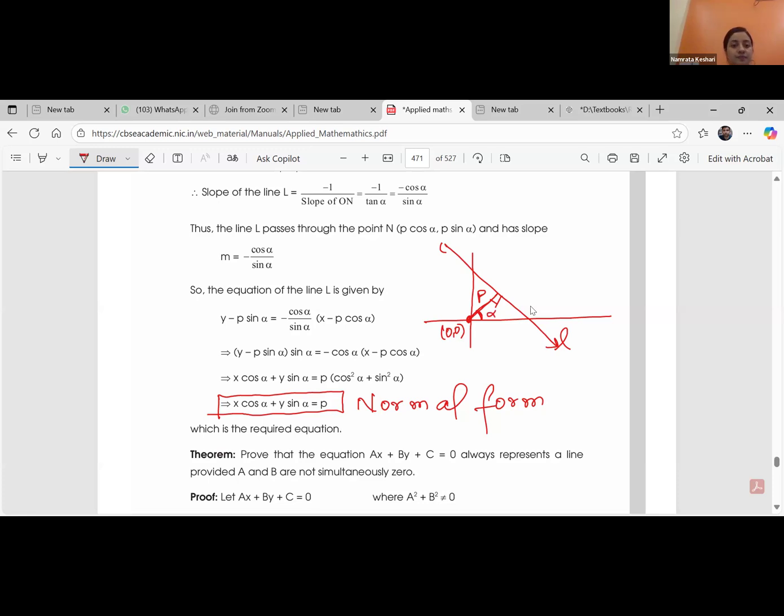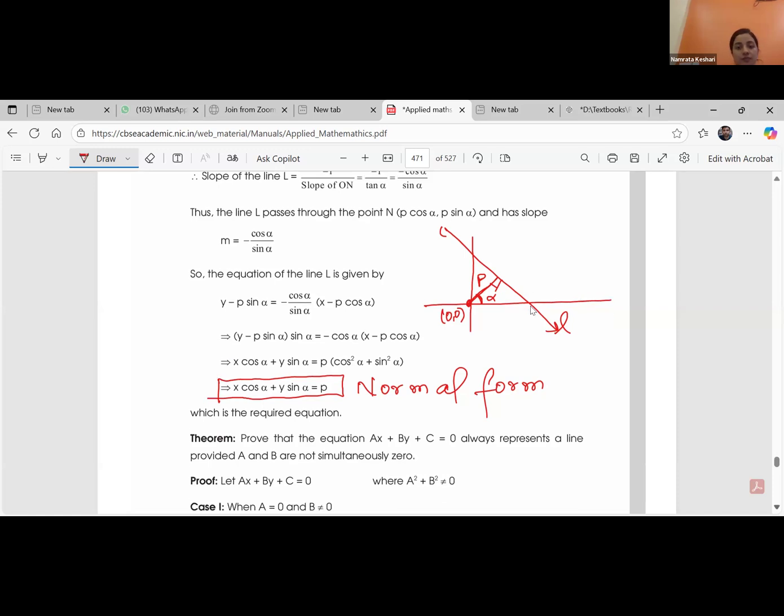Is it clear? The equation of a line in normal form is x cos alpha plus y sin alpha equals P. What is P, what is alpha, that only you need to know, then you will be able to put the values. Clear?